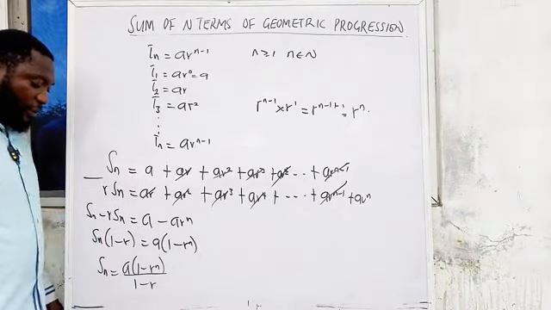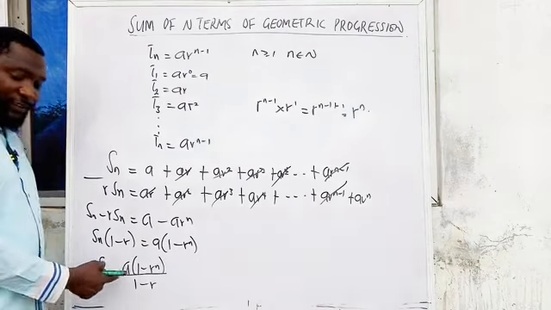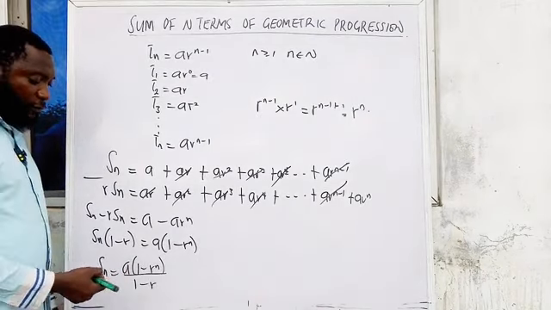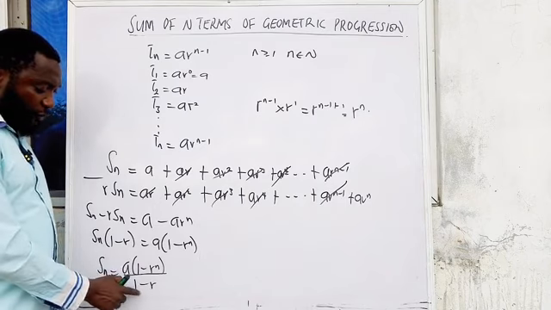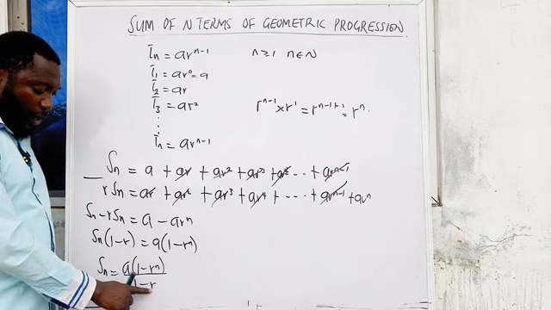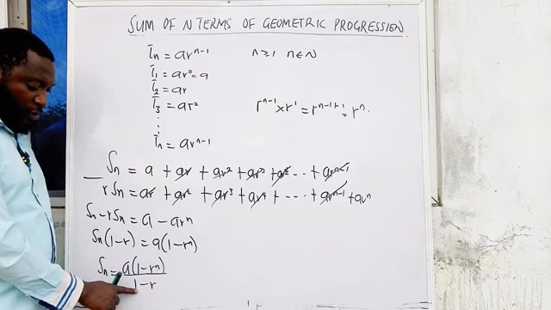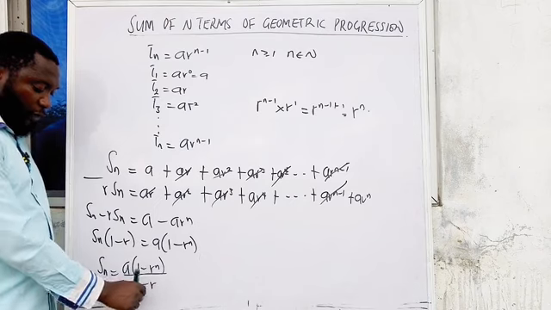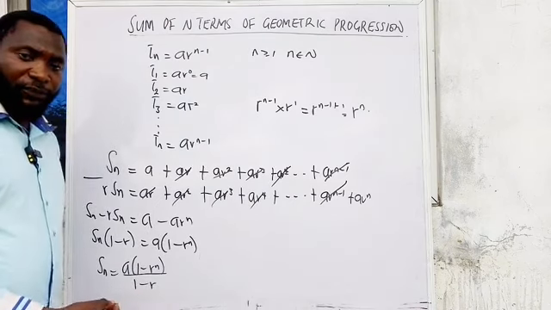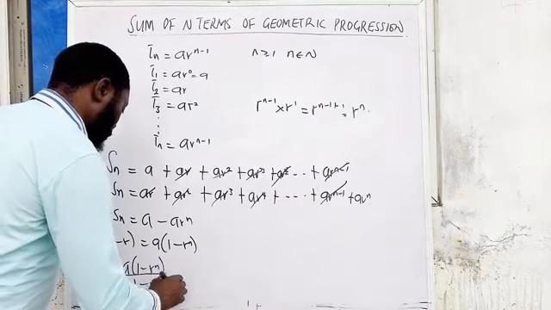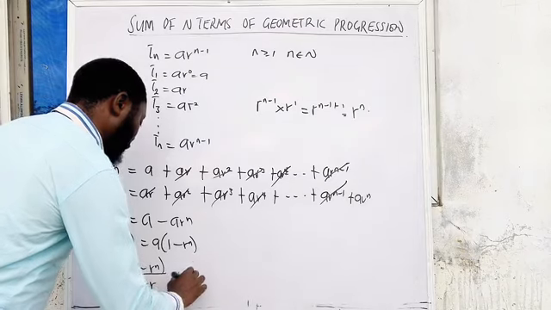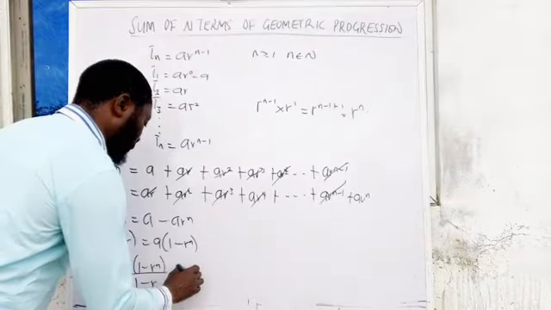So this is the sum of n terms of a geometric progression. And we have this formula when r is less than 1. For us to take a value from 1 and get a positive result, it has to be less than 1.